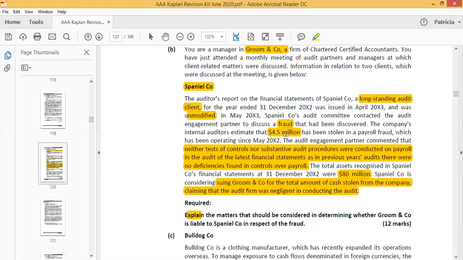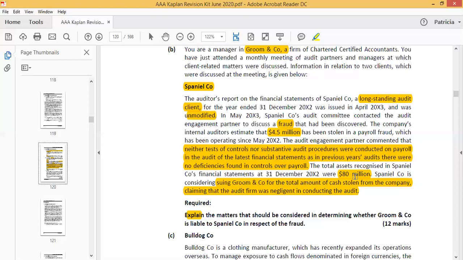So 3 million has been lost over that period of time. So this 3 million has to be over 80 million. If you take 3 million over 80 million, you will get something around 3.8% of total assets at the year end. And we basically know that the materiality level for assets is usually from 1%.